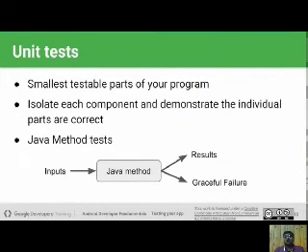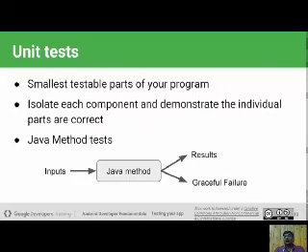Unit testing is testing the smallest unit or smallest component of a project or a program. You will be testing a component individually and getting the result back. In this way, you will be testing many single components and getting the result back.